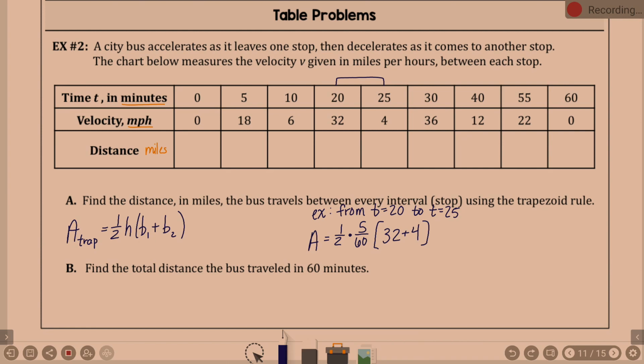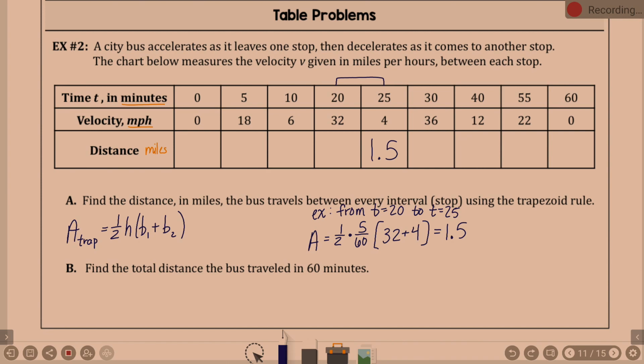So this is 1.5. Where's that 1.5 go? In the distance. In the 25 box. Because as you travel from 20 to 25, that's going to go in the 25 box.